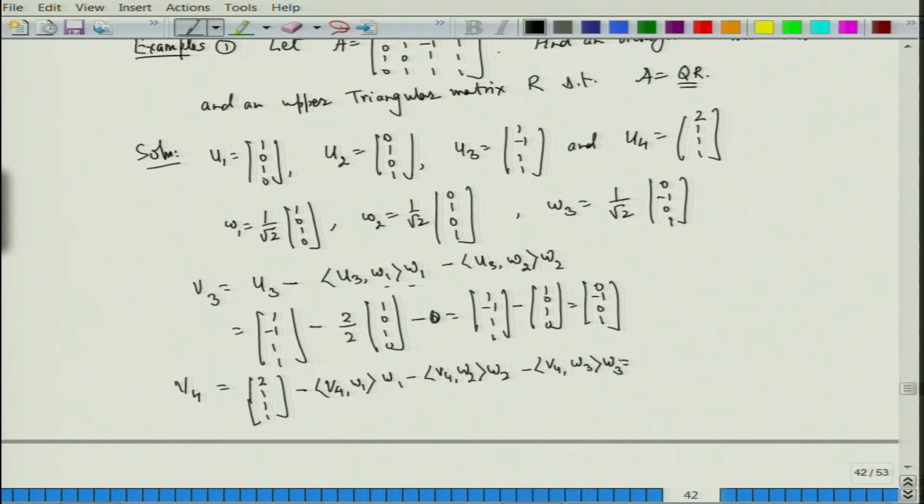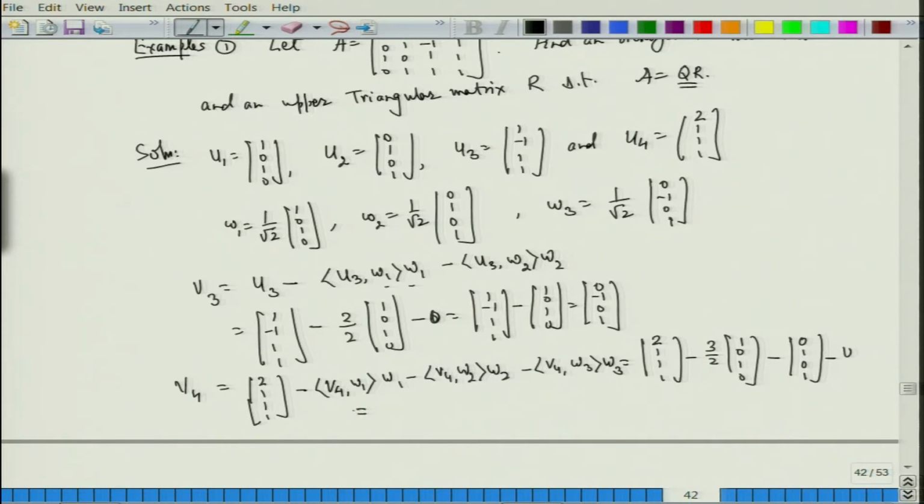So this is equal to the vector 2 1 1 1 minus V4 with W1. It is 2 plus 1, which is 3, so 3 upon 2 times 1 0 1 0, minus V4 with W2. V4 with W2 will be, I hope I am doing it correctly, 1 plus 1 is 2, so it is just 0 1 0 1, minus V4 with W3. V4 with W3 is minus 1 plus 1, so it is 0 here.